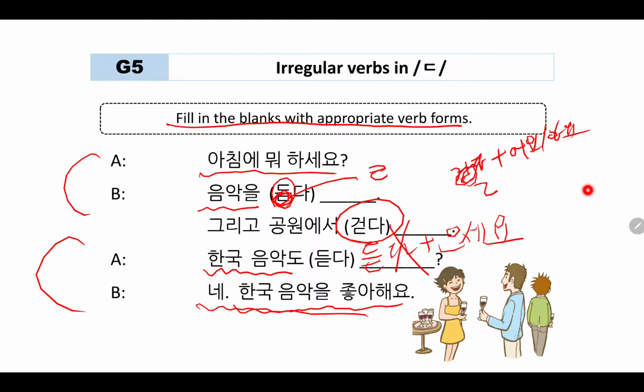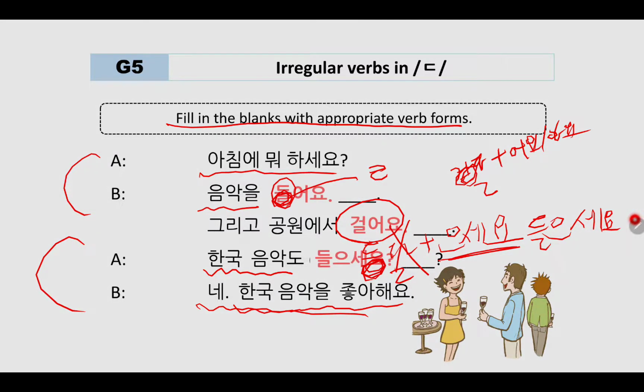So the ending is replaced with 으세요, and this 디귿 받침 becomes 리을. So the final product would be 들으세요, right? 들어요, 걸어요, 들으세요. 한국 음악도 들으세요? Do you listen to Korean music as well? Yes, 네. 한국 음악을 좋아해요. I like Korean music. Cool. See you in class.